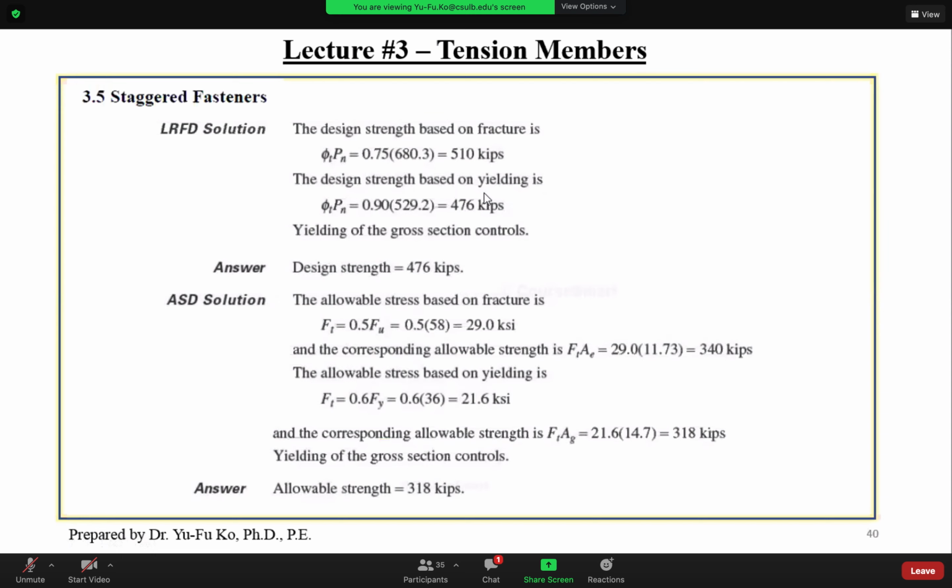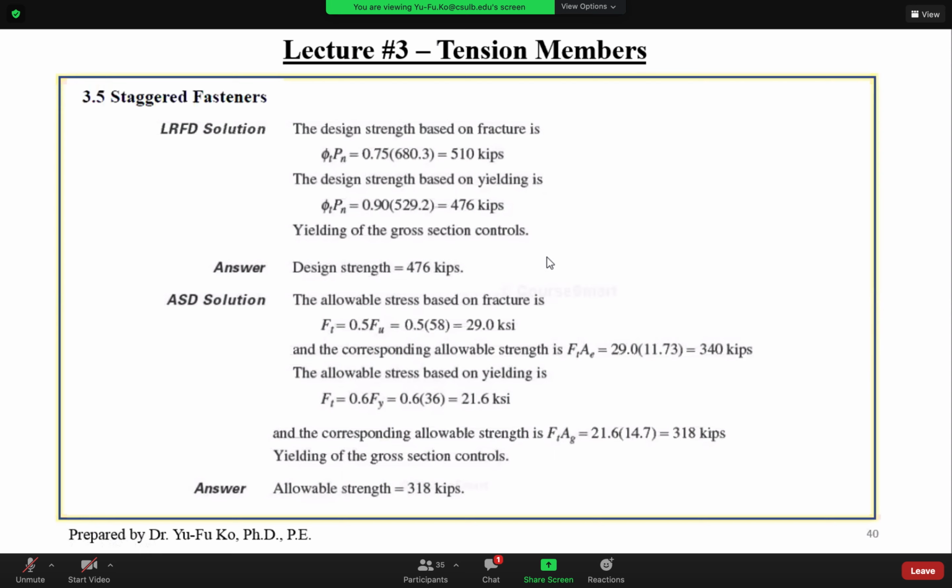So in this case, yielding will happen first, before the fracture. So the design strength is 476 kips for this tension member in the connections. So this is what we talk about, the design strength based on LRFD.